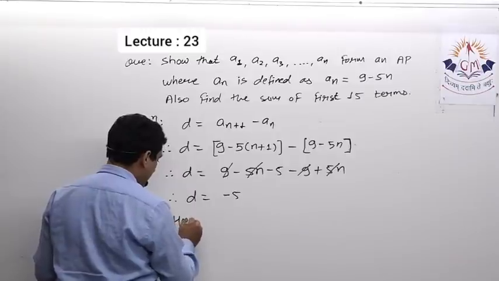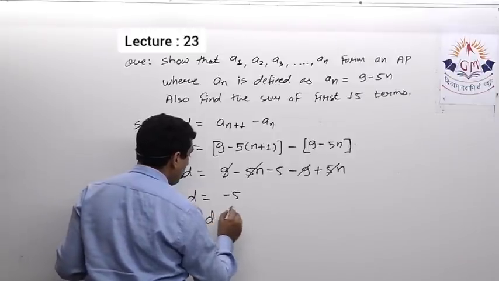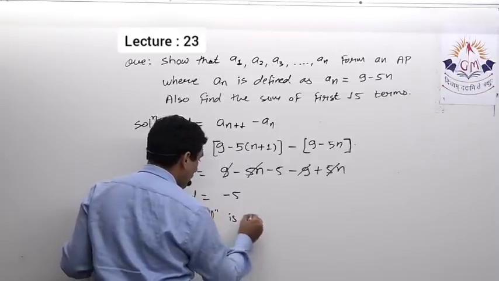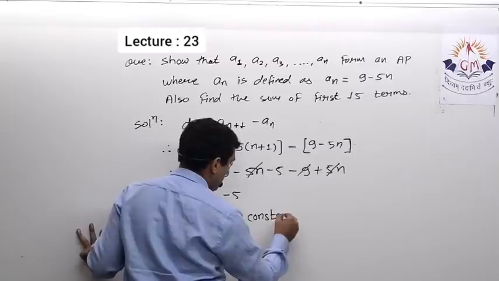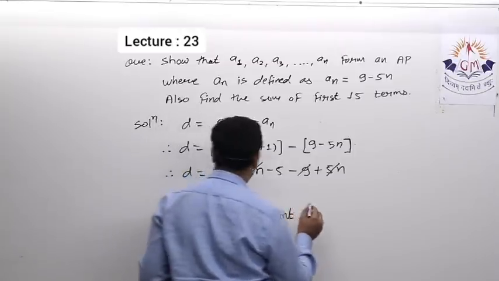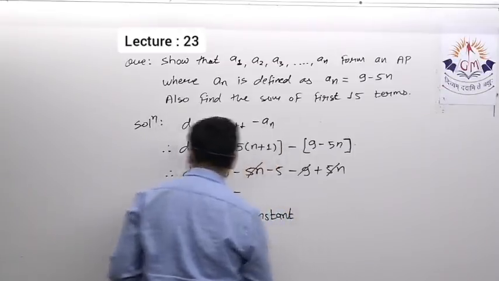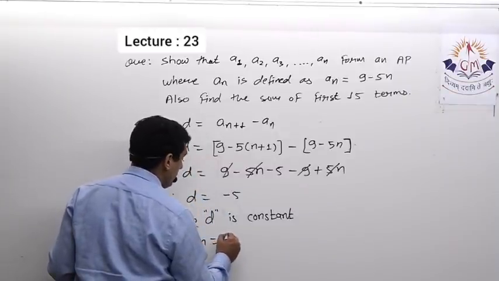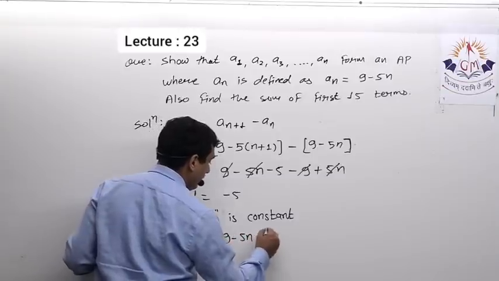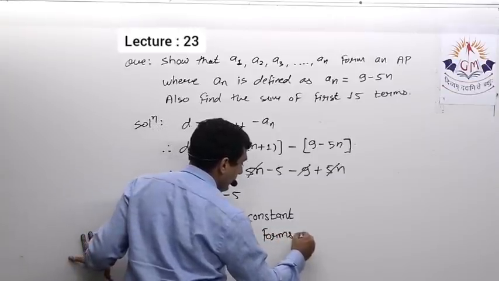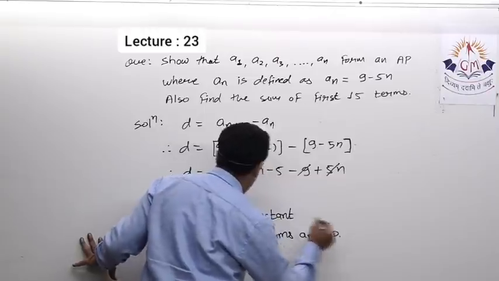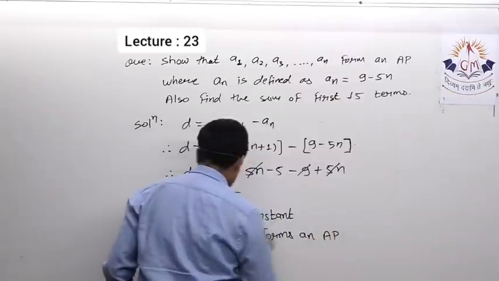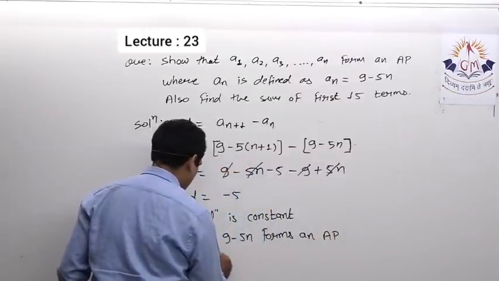Here you have to write: d is constant or real number, therefore an is equal to 9 minus 5n forms an AP with common difference minus 5.